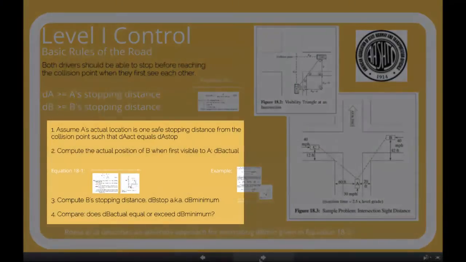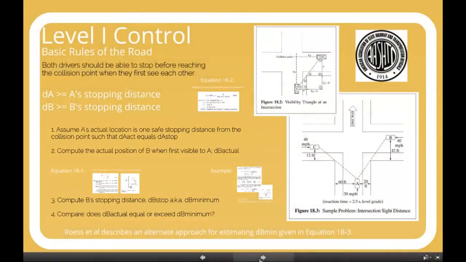The following 4 steps may be used to test whether an intersection sight triangle meets AASHTO's sight distance requirements. Step 1. Assume A's actual location is one safe stopping distance from the collision point, such that dA actual is equal to dA stop.